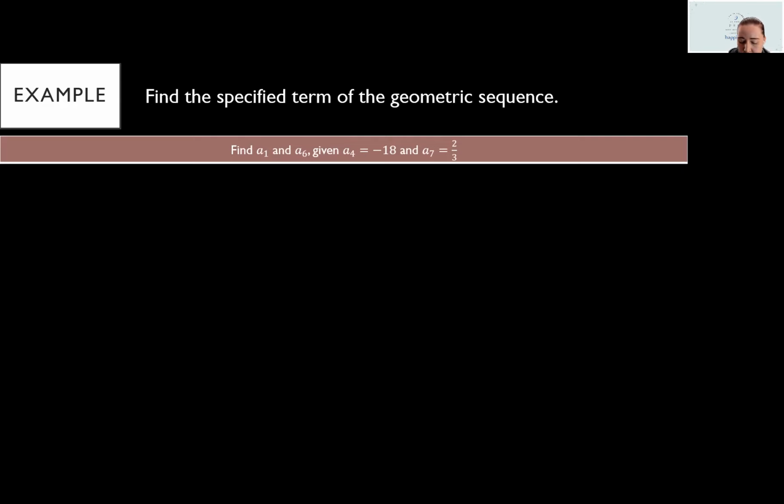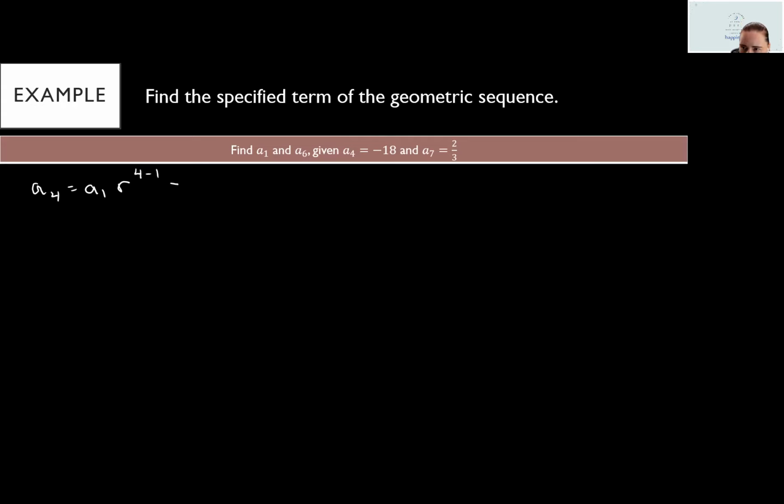So we want to find the specific terms here, which means we need to figure out what r is so we can figure out our formula, because we're not given our formula here. So a4 is a1 r to the 4 minus 1. That's our formula. We don't know a1, we don't know r. All we know is n.